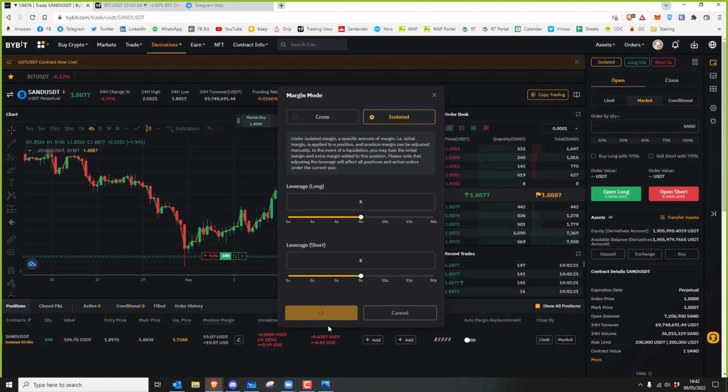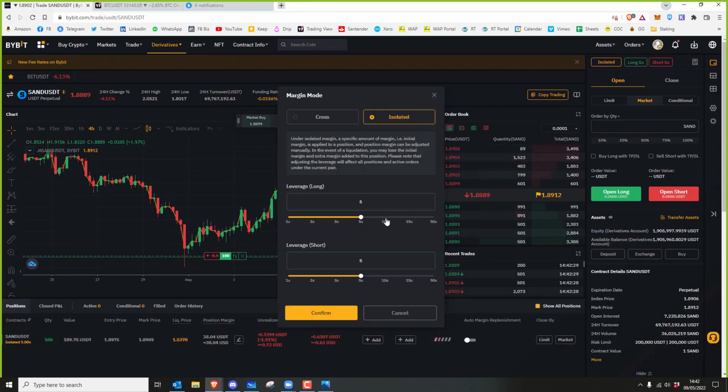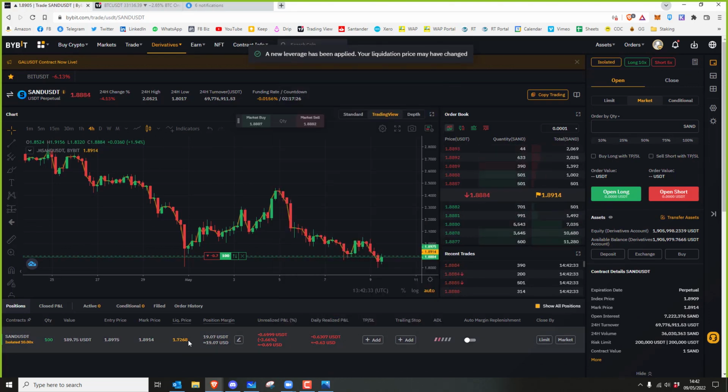And then it affects the whole of the thing. So you can see that the position requirement has changed, and every time you change this, so too does the liquidation price.